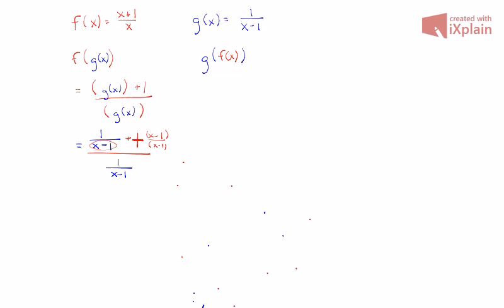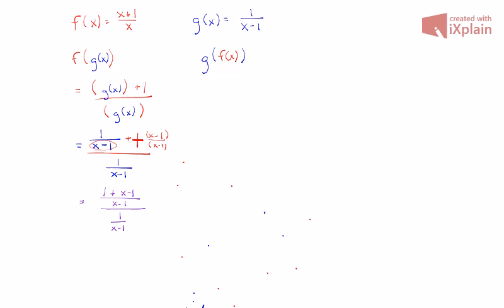At this point, I'm going to write everything in purple so that we keep switching back and forth the ink color. So this is going to become 1 plus x minus 1 all over x minus 1, and that's going to be all over 1 over x minus 1.